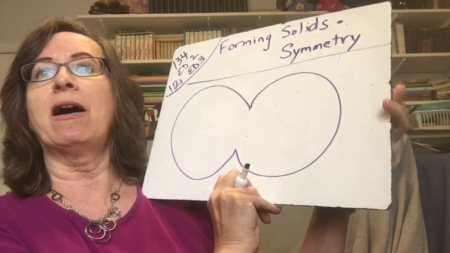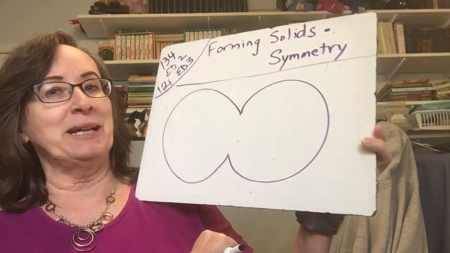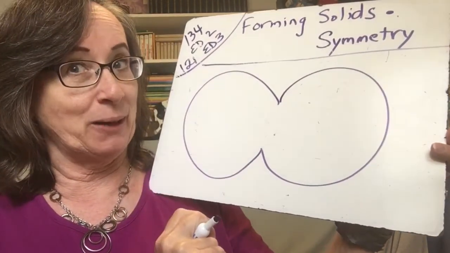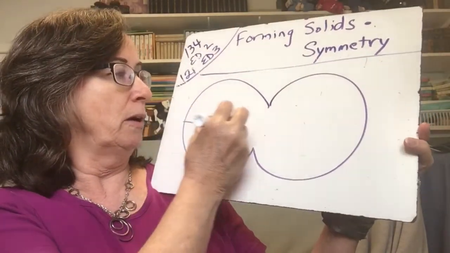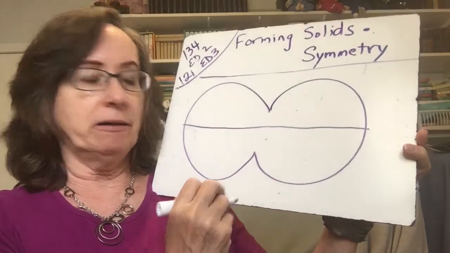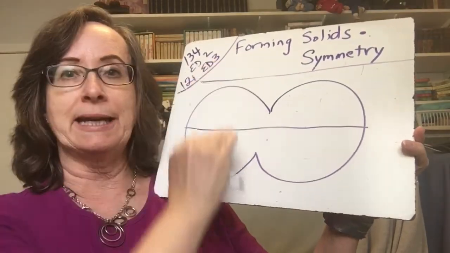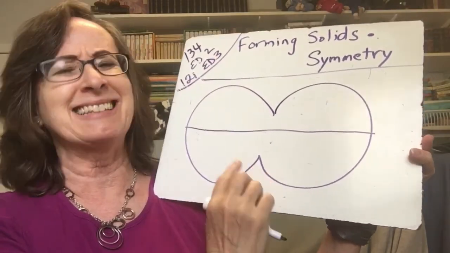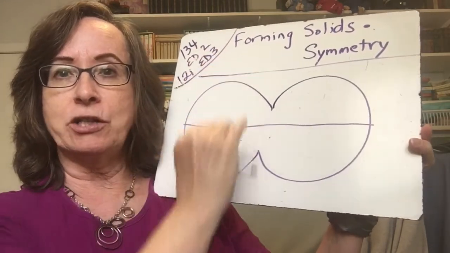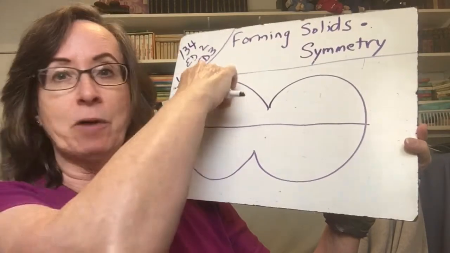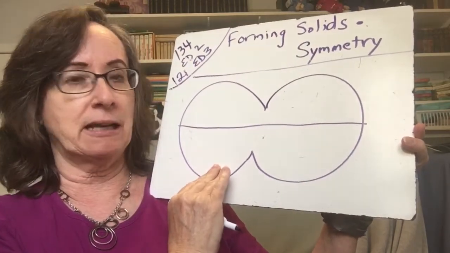We are not told in this one to find a point of symmetry, but there is a point of symmetry. So a line of symmetry would go from here to here, because if we folded it, assuming I had drawn it exactly correctly, which I didn't, it's going to be the same on the top and the bottom. So that is a line of symmetry.